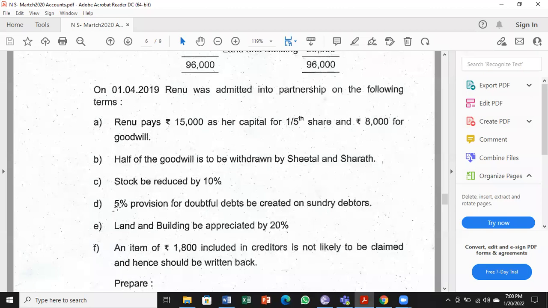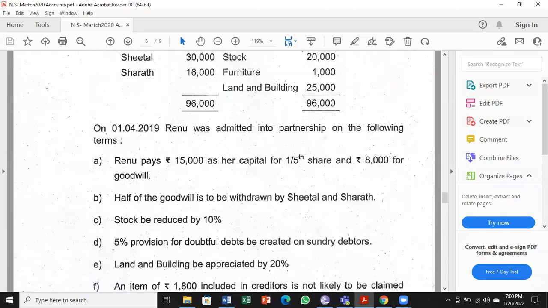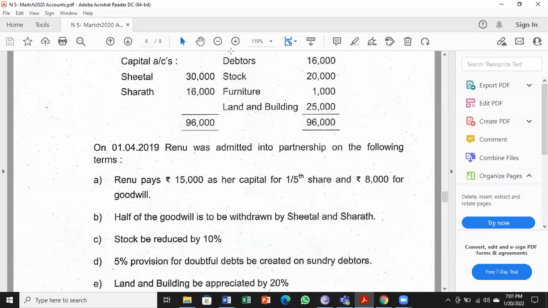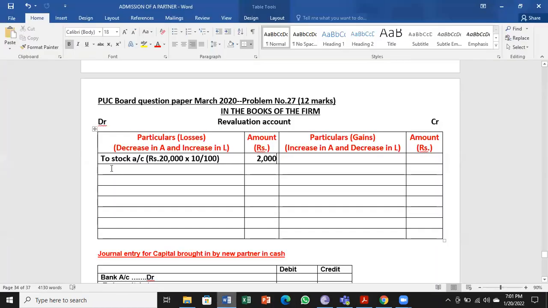Next, 5% provision for doubtful debts be created on sundry debtors. Debtors is 16,000. No provision existing. So first time we'll be providing for provision. So on 16,000, 5%. This is also reduction of asset.